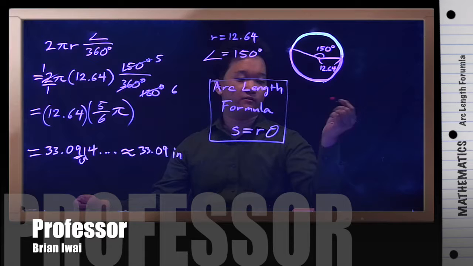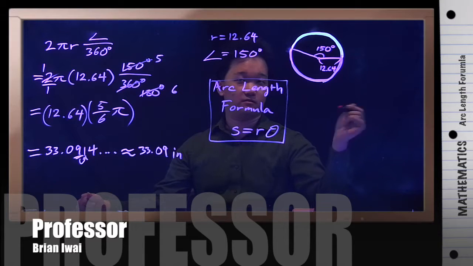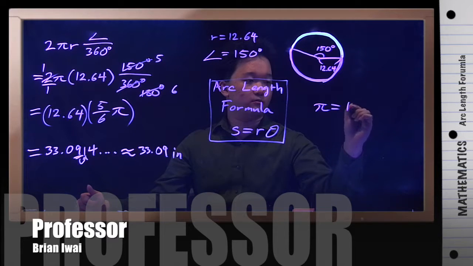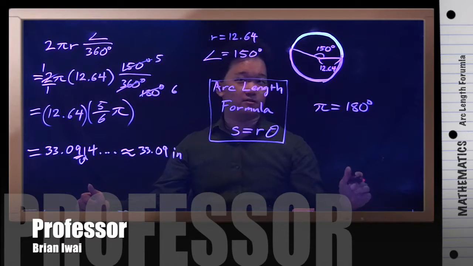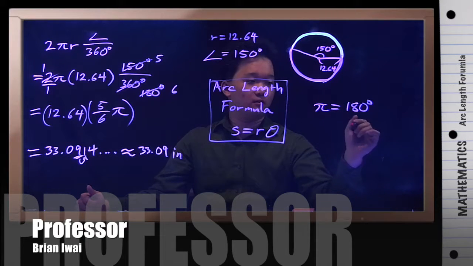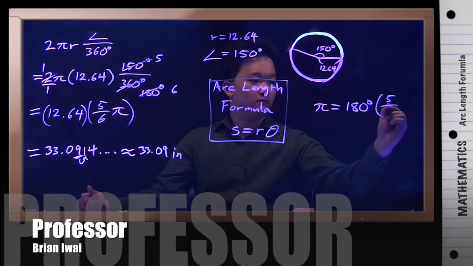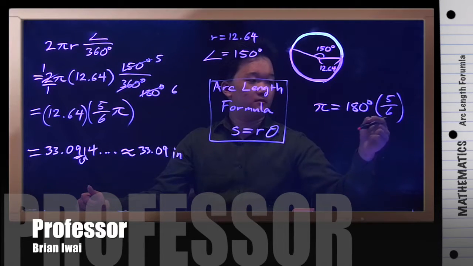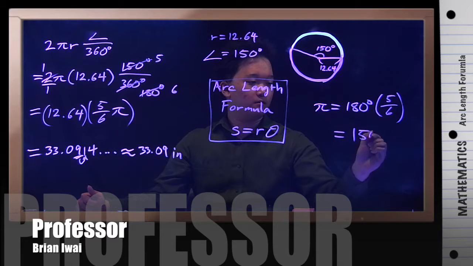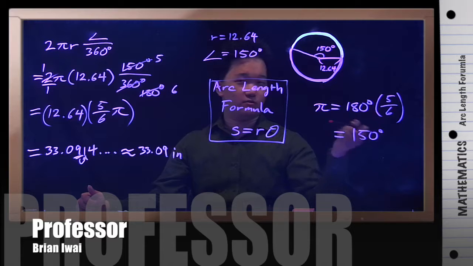So first, 150 degrees, what is that in radians? That's the question. So again, if you know that pi is equal to 180 degrees, you want to ask yourself, okay, what is 150 in radians? Well, if I multiply 180 by 5 over 6, 180 times 5 over 6 gives me 150 degrees, which is what I want.